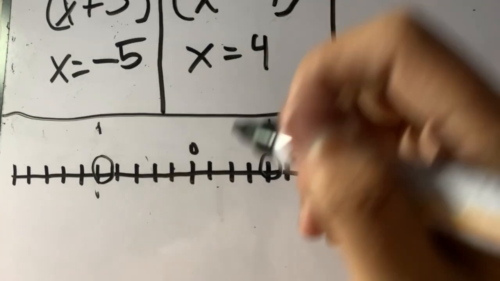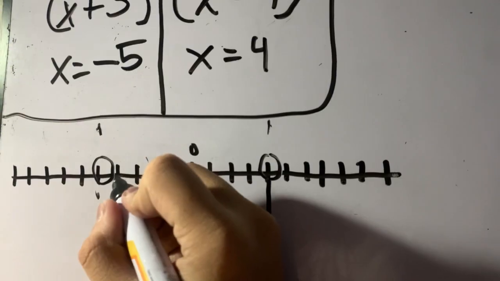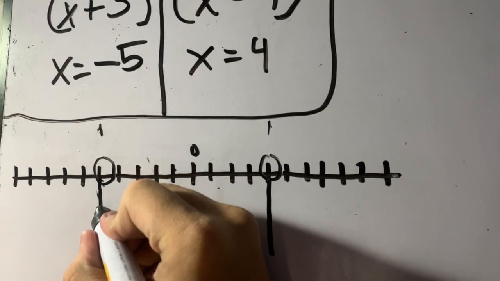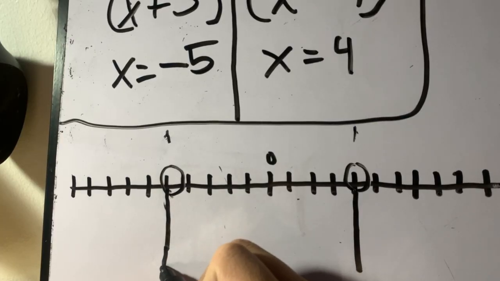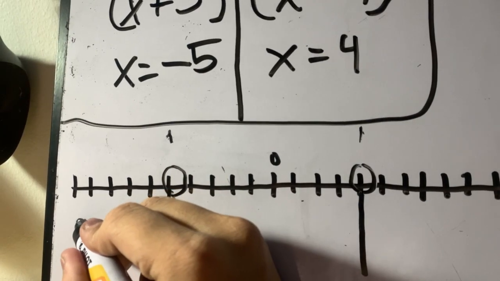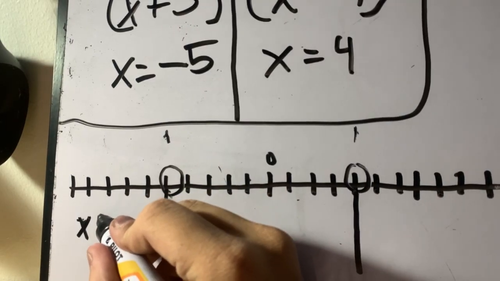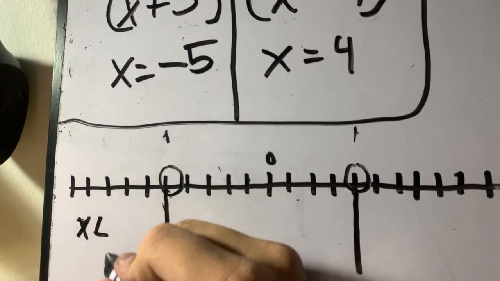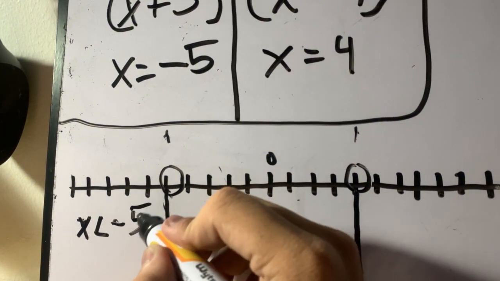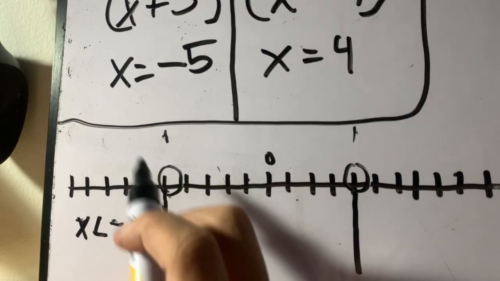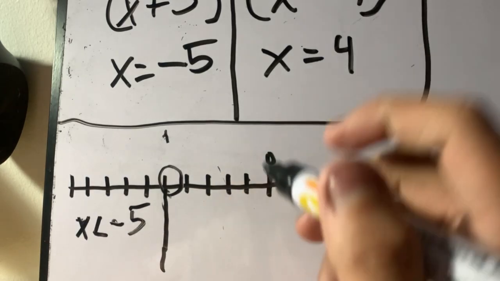So is this it? Well, the answer is not yet. So we'll separate this muna, because we're going to do something that you guys haven't heard of. So first, we're going to write in this one, x is less than negative 5, because this is negative 6 to negative infinity, that is, they are less than negative 5.